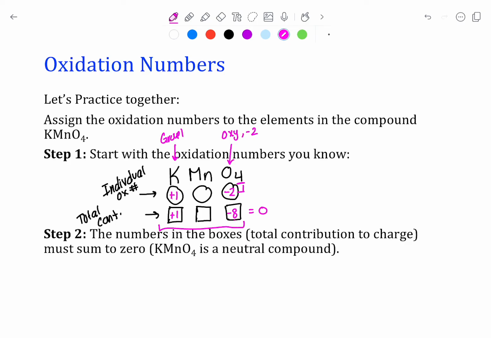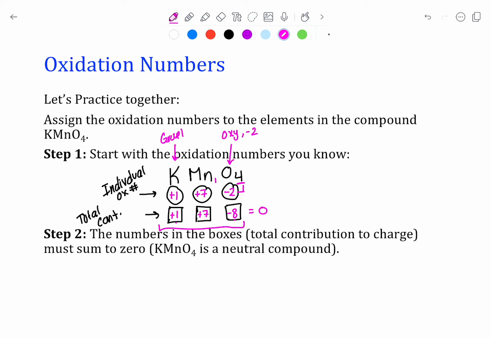So if I have -8 and +1, what does the oxidation number of manganese have to be in order to equal out to 0? It would be +7. +1 + 7 is +8, and -8 is 0. Since there's only one manganese, the individual oxidation number of manganese would be +7.